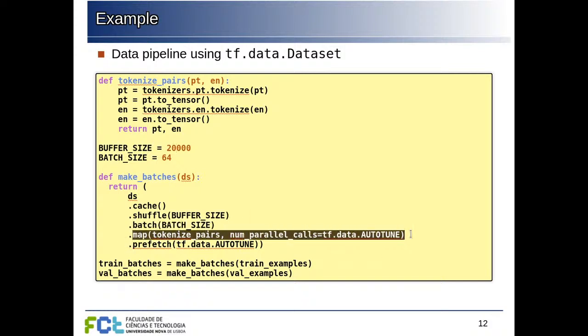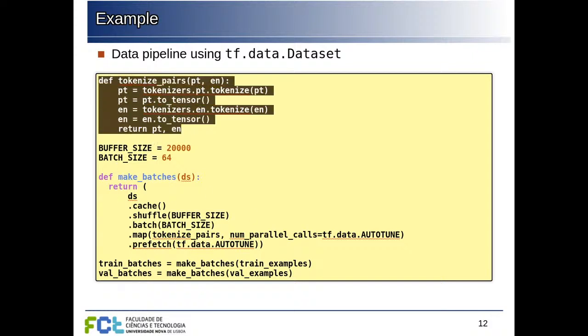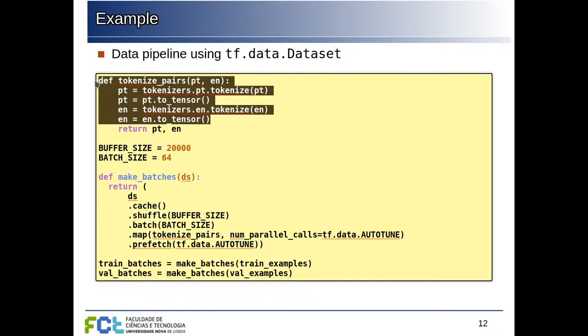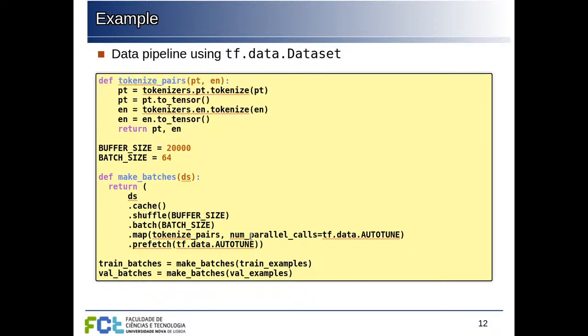The map allows you to automate using a function to transform each example into something that you want to use. So in this case, our data set is in strings, in text. We are going to use the tokenizer to create the numeric vectors. And you can also automate using this in parallel.